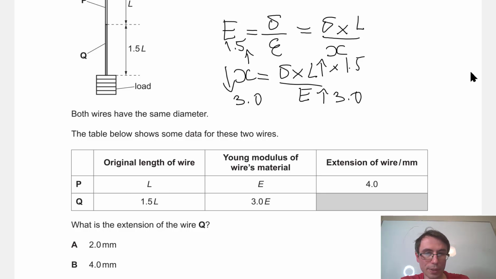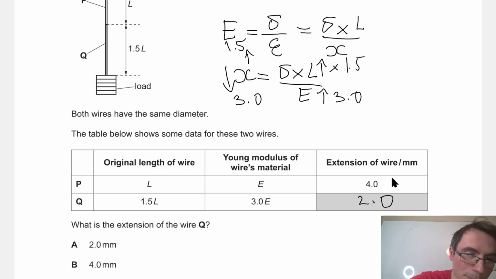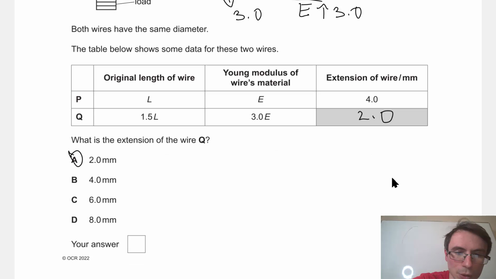So the extension will be 4.0 times 1.5, but then divide that by 3.0, giving me an extension of 2.0 millimeters. Correct answer should be A, hopefully.